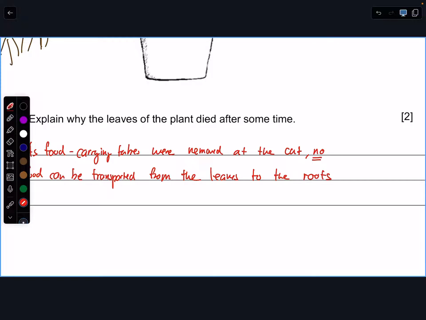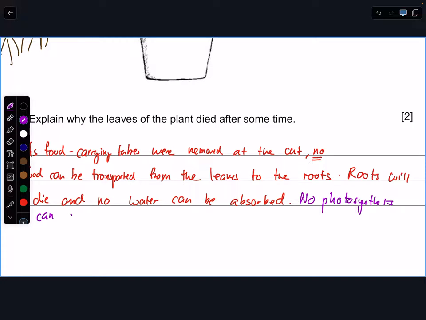Okay? Roots will die and no water can be absorbed. No photosynthesis can occur as the leaves cannot receive any water.